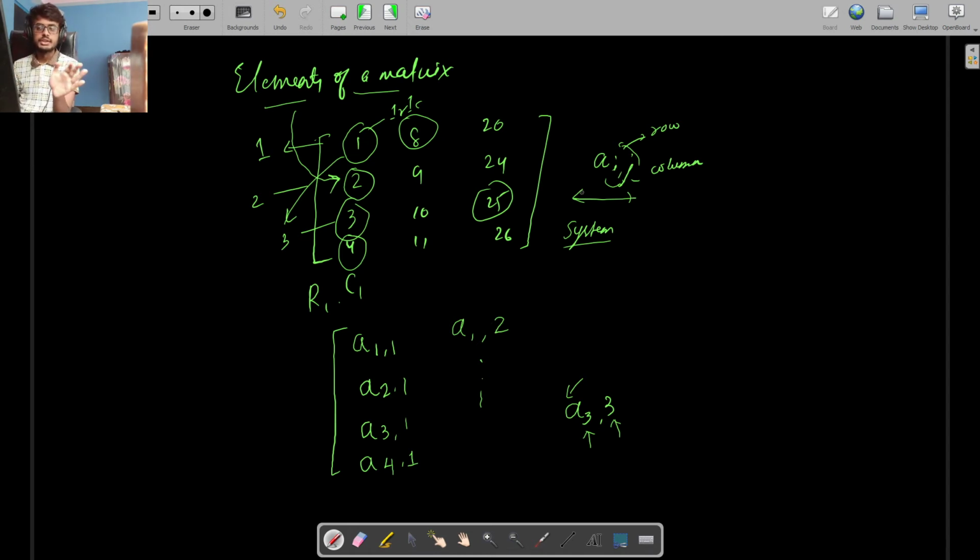You don't need to write i and j. You can write any other alphabet. It doesn't matter. But if you want to reduce the burden of the examiner so that he or she can correct more efficiently, then just follow the norm. There's no hard and fast rule. You can do whatever you want. You can put any alphabet you want.